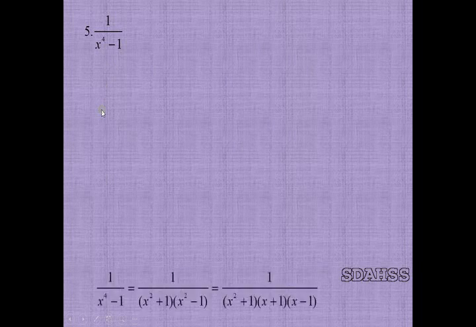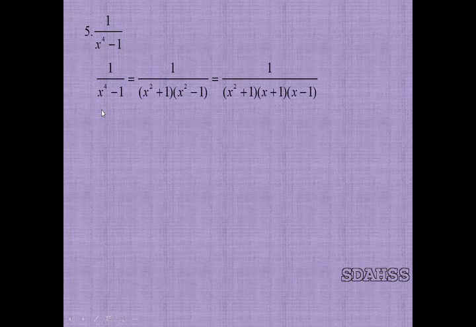X power 4 means x square the whole square, and minus 1 can be written as 1 square. So x square the whole square minus 1 square is in the form of a square minus b square. A square minus b square means a plus b into a minus b. So the denominator we can write as x square plus 1 into x square minus 1.